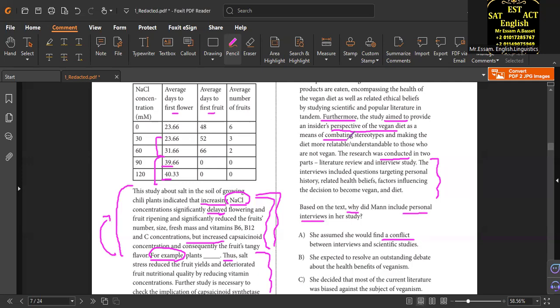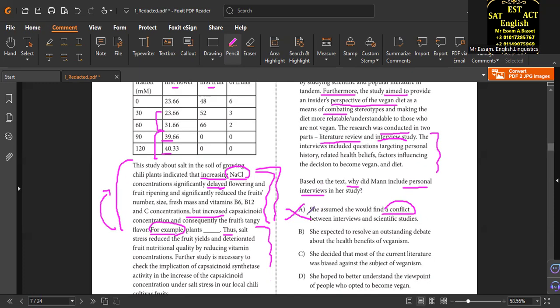So she did the research, or the research was conducted in two parts: literature review and interview study. So what should she add the result of the interview? To help people to understand something, not to explain conflict. So A is wrong. She did mention that she is going to solve or resolve a standing debate.